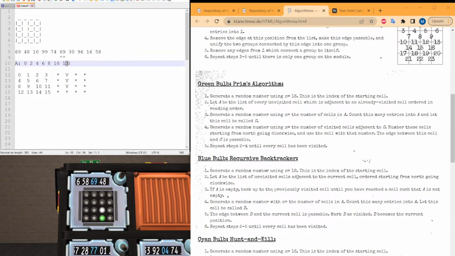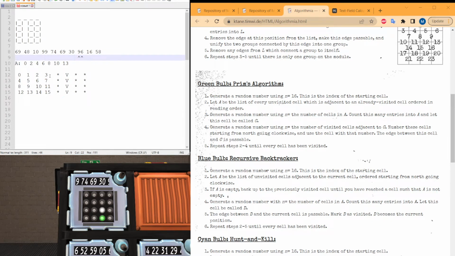So it's cell number 13, which is this one. Once again, the only adjacent visited cell is this one. So we're going to remove this wall and move the pointer. Even though we had one possibility, we still move the pointer.